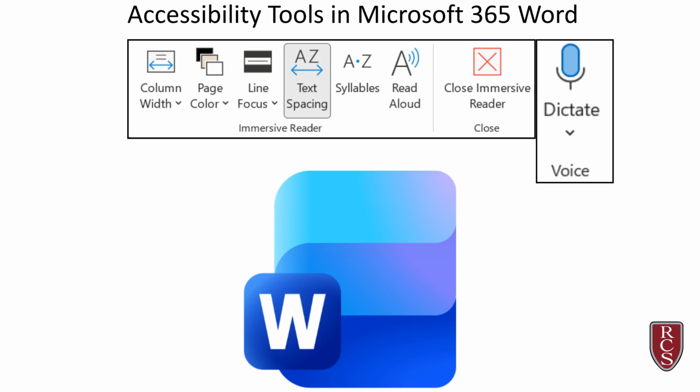The Read Out Loud feature reads text simultaneously with highlighting, assisting individuals with visual impairments or reading disabilities to follow along. And Dictate enables users with physical disabilities to write, edit, and create documents using voice commands, fostering independence.